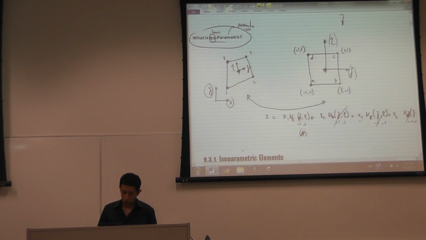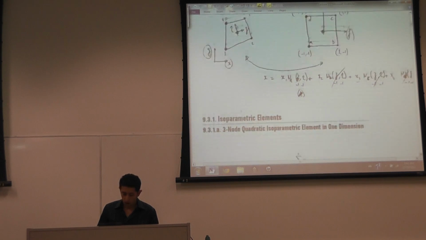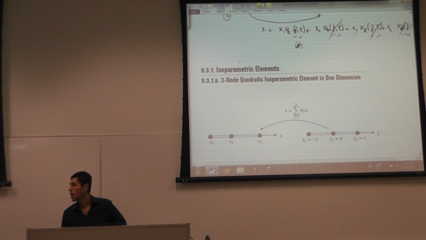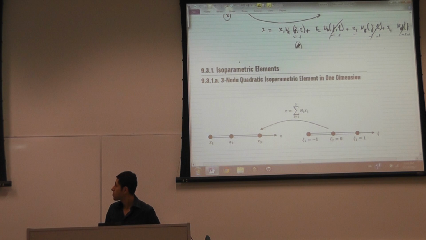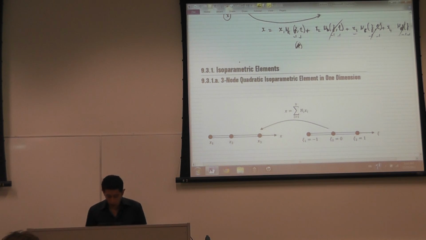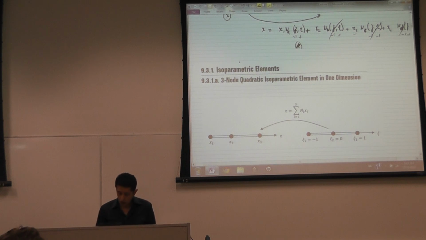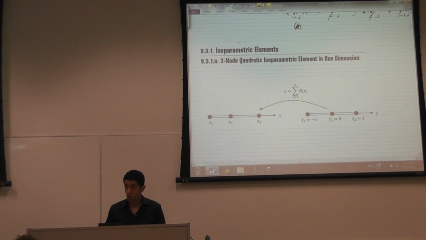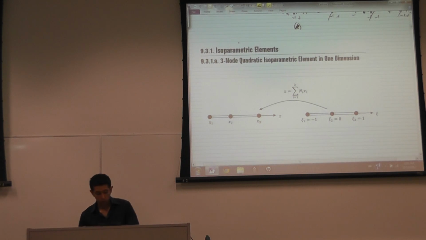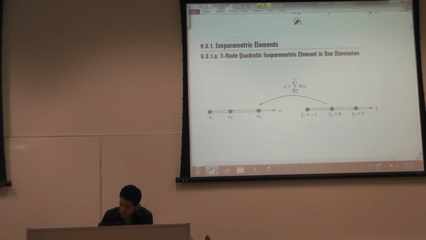So let's first look at how I will do this for one-dimensional elements. Now, you perhaps do not really need to do this for a one-dimensional element. This is just for illustration purposes, just to explain to you how it's done.